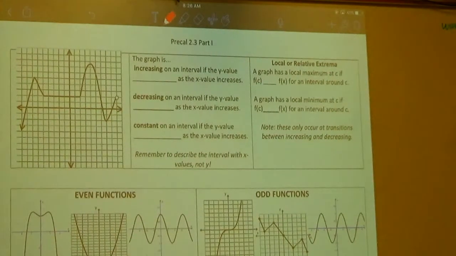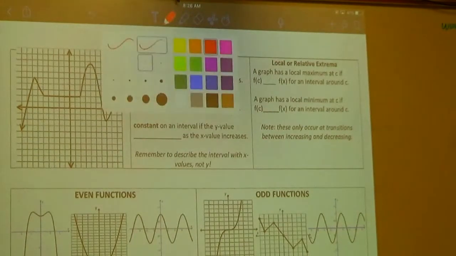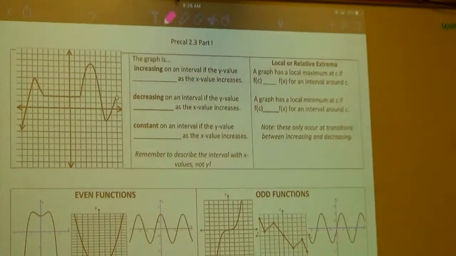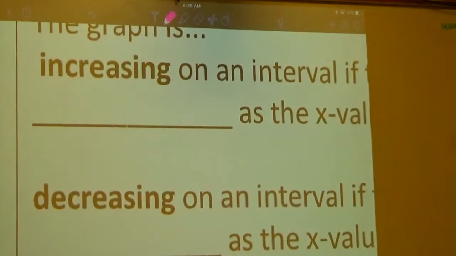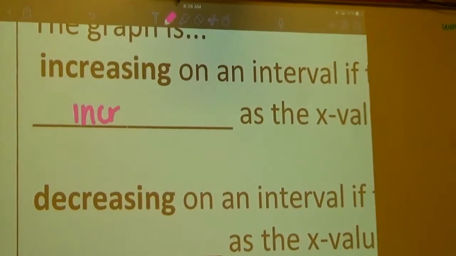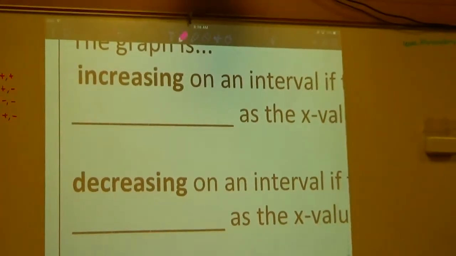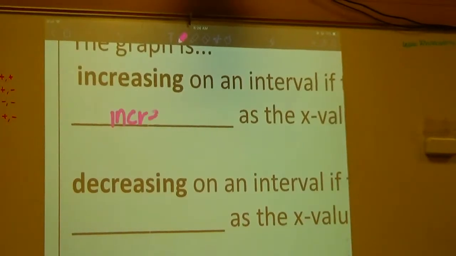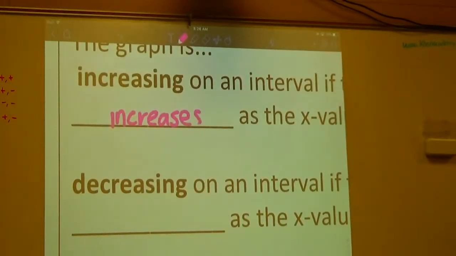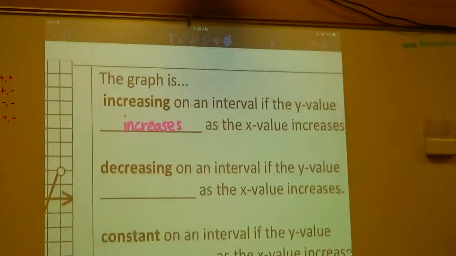For this first one, I'll use pink. It's increasing on an interval if the y value increases. See how we use the same word there? It's just what you think it is.